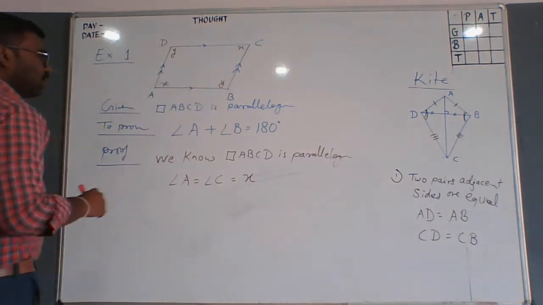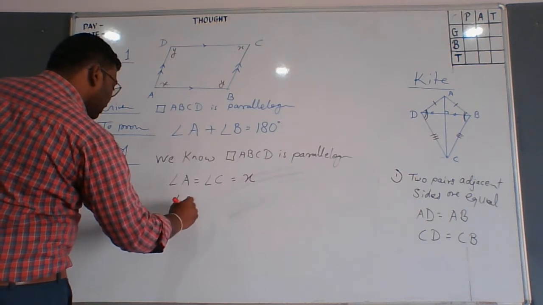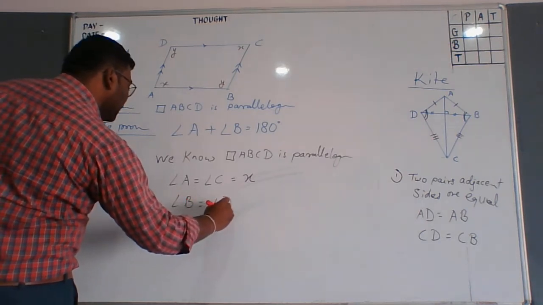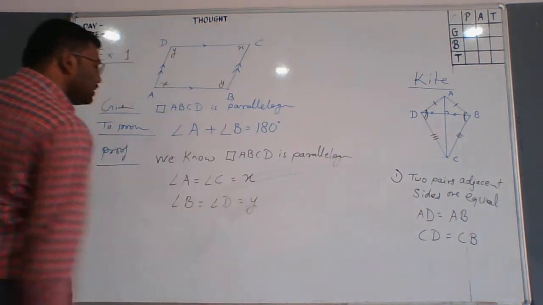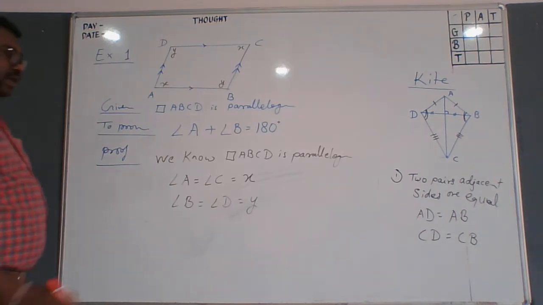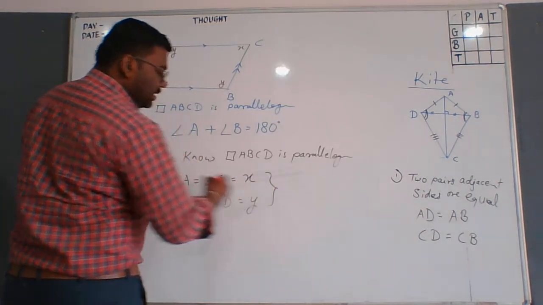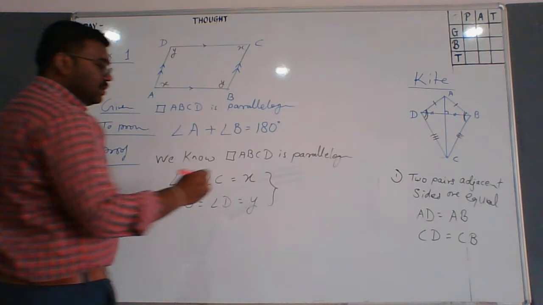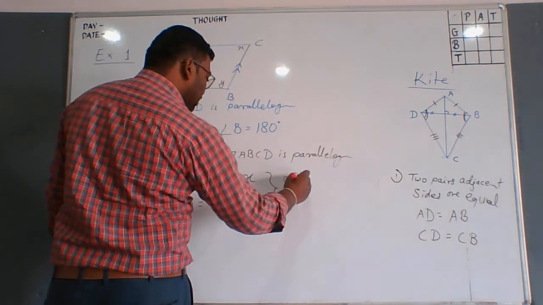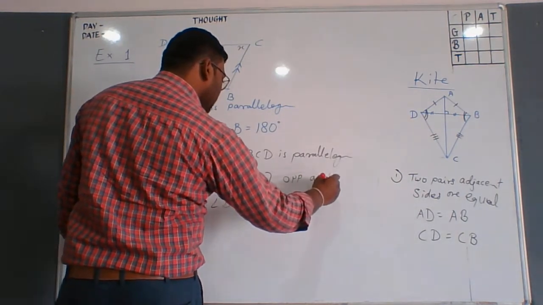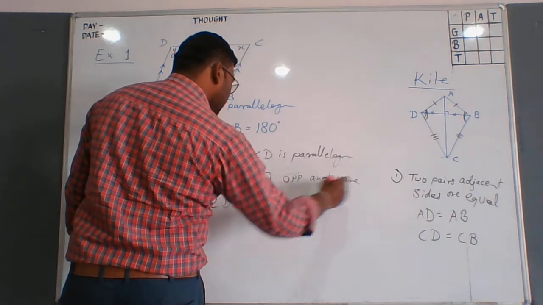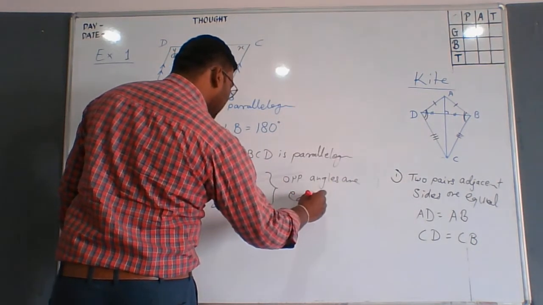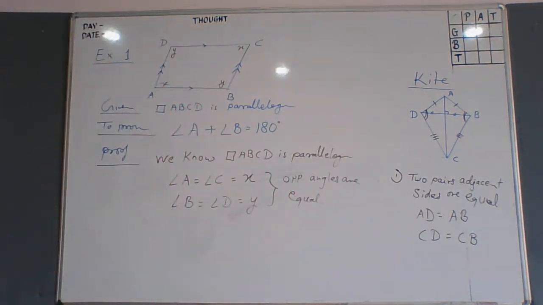Let it be Y. Angle B equals angle D. Consider it as Y. For this, we will give the reason. What should be the reason? Opposite angles are equal.